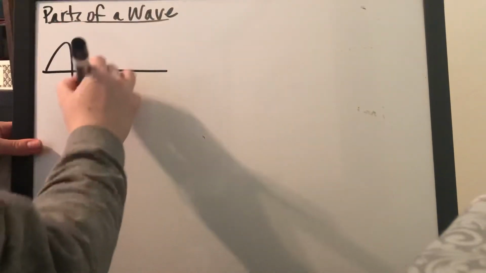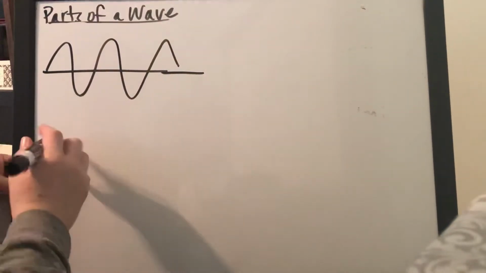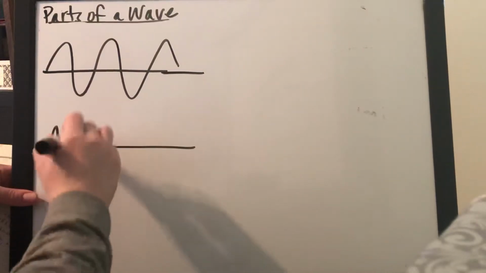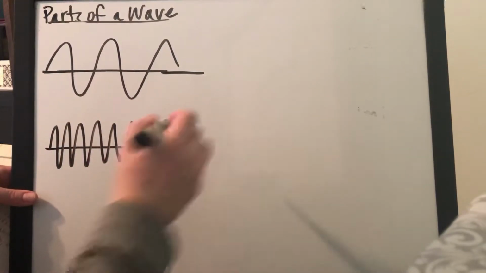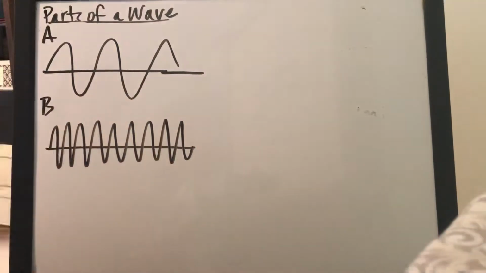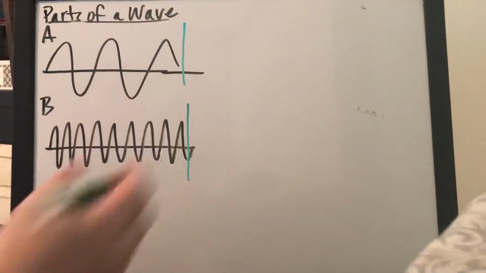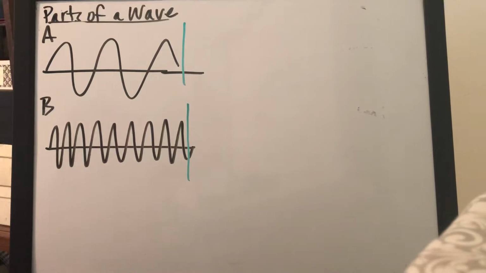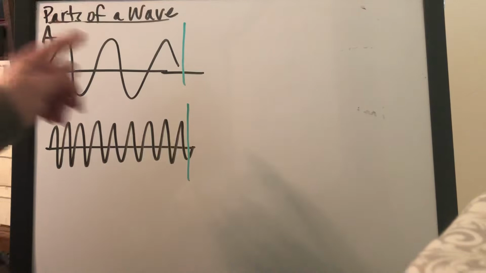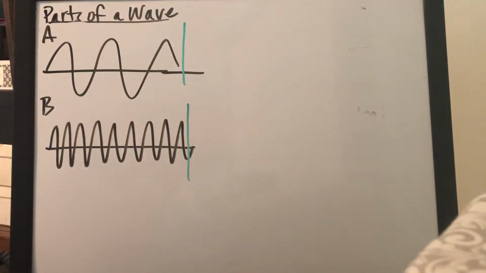The best way to explain frequency is this. If I had a line right here, and I was looking for how many crests of the wave pass this point in some amount of time, say 20 seconds, how many wave crests pass this point in 20 seconds?